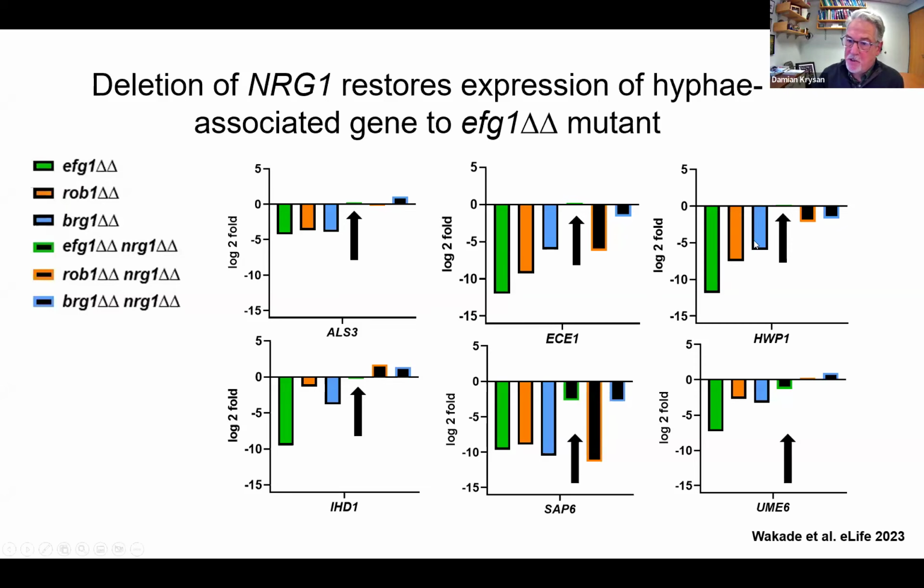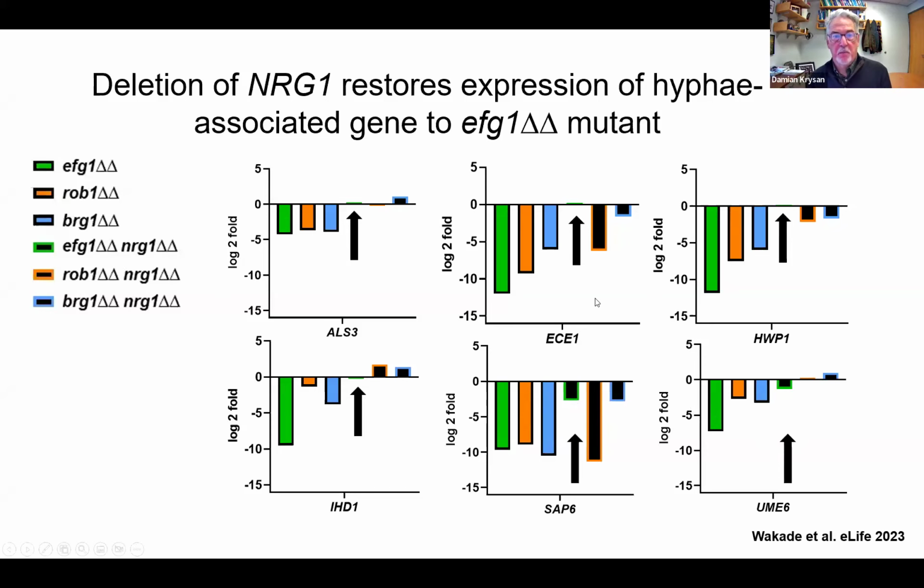And when we look at all these different genes, we see the same effect until we get to SAP6 and UME6, the two genes where EFG1 appears to play at least a partial role in the regulation of those transcripts.